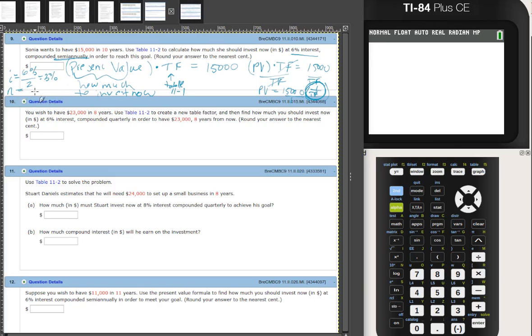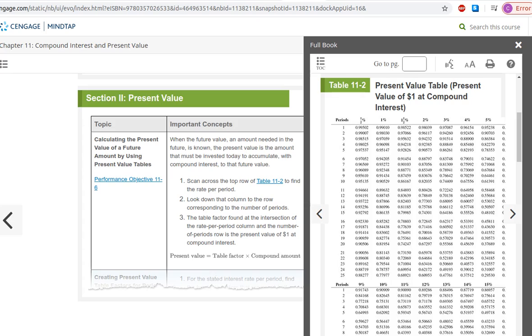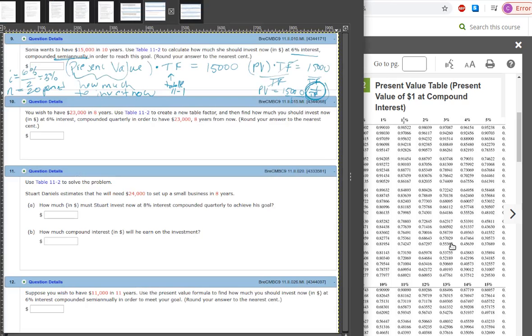And then the total number of periods, it's semi-annually, so twice per year for 10 years, so there should be 20 periods total. So we're looking in the table for the 20 row, and which column was it? It's the 3% column with the 20 row, which is down here. It's at 0.55368. That's our table factor.